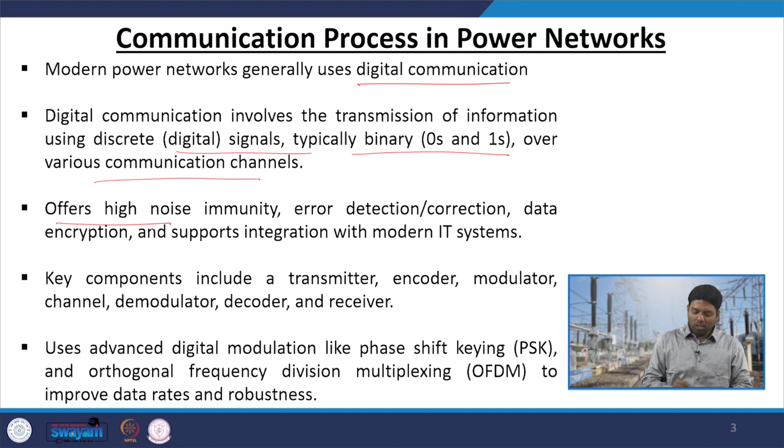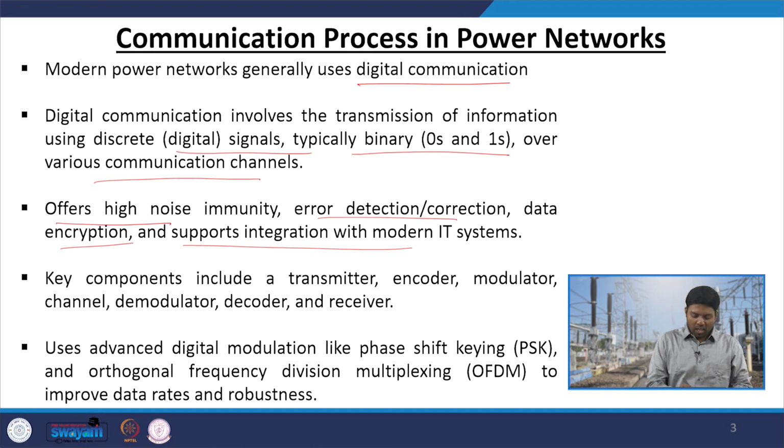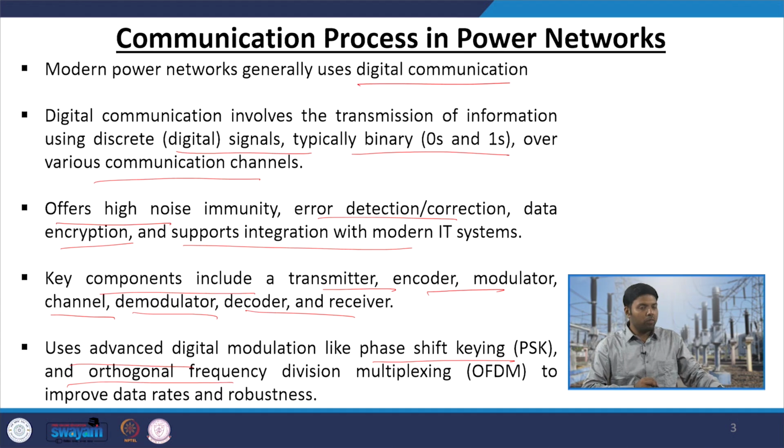This offers high noise immunity, error detection, data encryption and supports integration with modern IT systems. Key components include transmitter, encoder, modulator, channel, demodulator, decoder and receiver. It uses advanced digital modulation like phase shift keying and orthogonal frequency division multiplexing to improve the data rates and the robustness of the system.